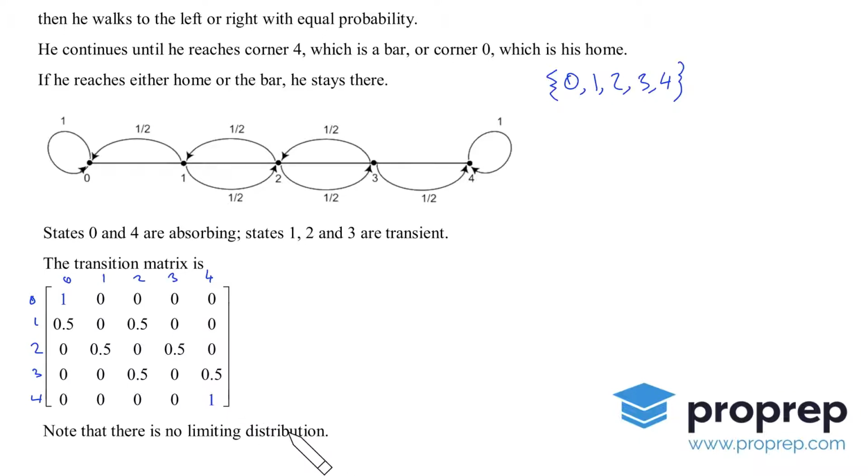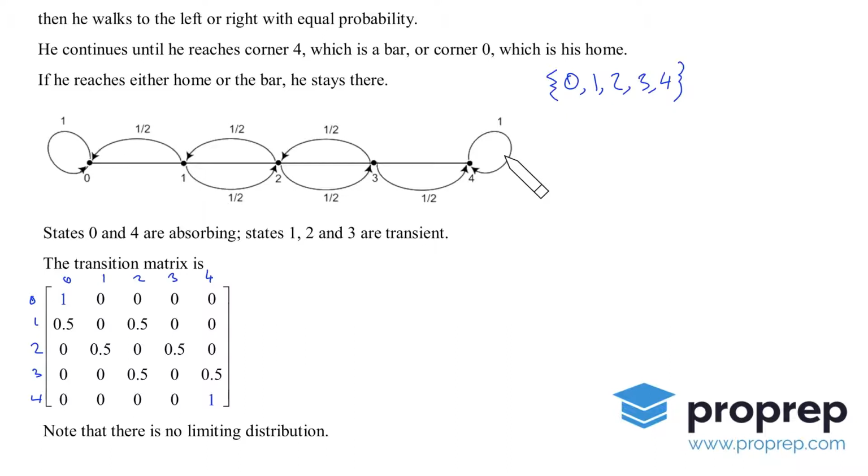Now, for this Markov chain, there is no limiting distribution. I can explain why. In the limit, eventually, if he just keeps walking at random, he will reach one of the endpoints, but we don't know which, so it's ambiguous. He'll always reach either 0 or 4 with probability 1.